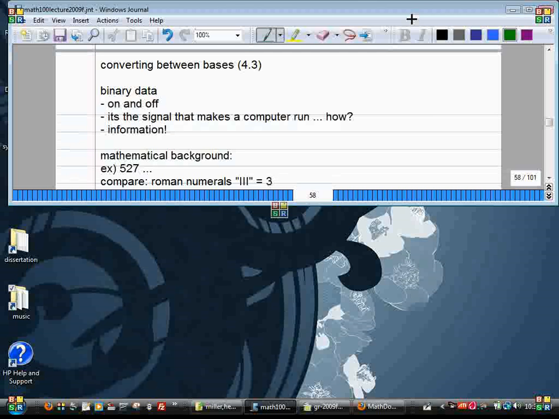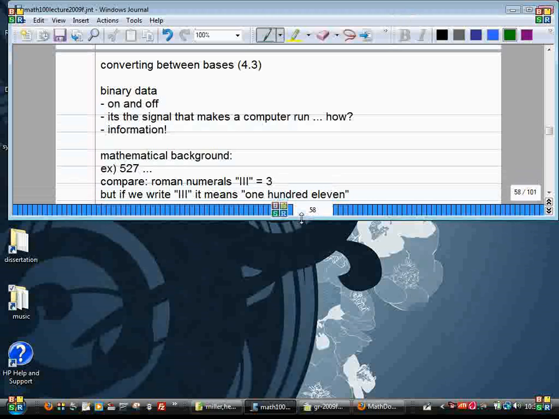They wrote three lines. But if we write a line, does it mean 3? What does it mean? It means 111. That's just the font. You can write it in any font you like.